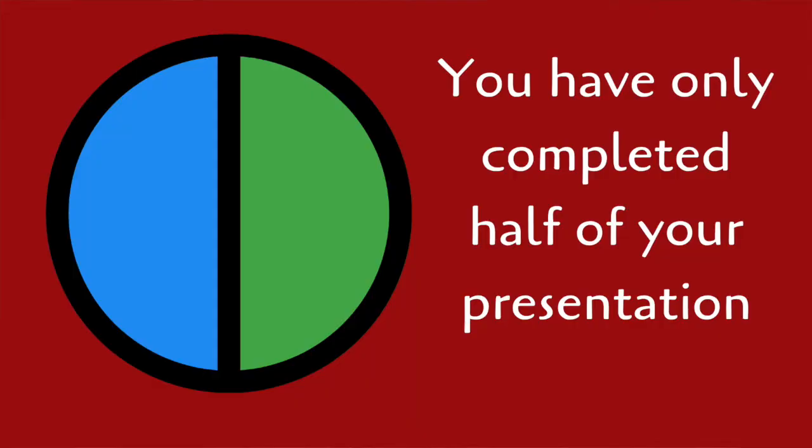Can you imagine preparing a presentation for 30 minutes and the actual time you are supposed to speak is 60 minutes? How do you stretch it out to be longer? Or if you prepare a 30-minute presentation, you have 30 minutes worth of material, and then you're only allowed 15 minutes to speak, you've only covered half of your material.